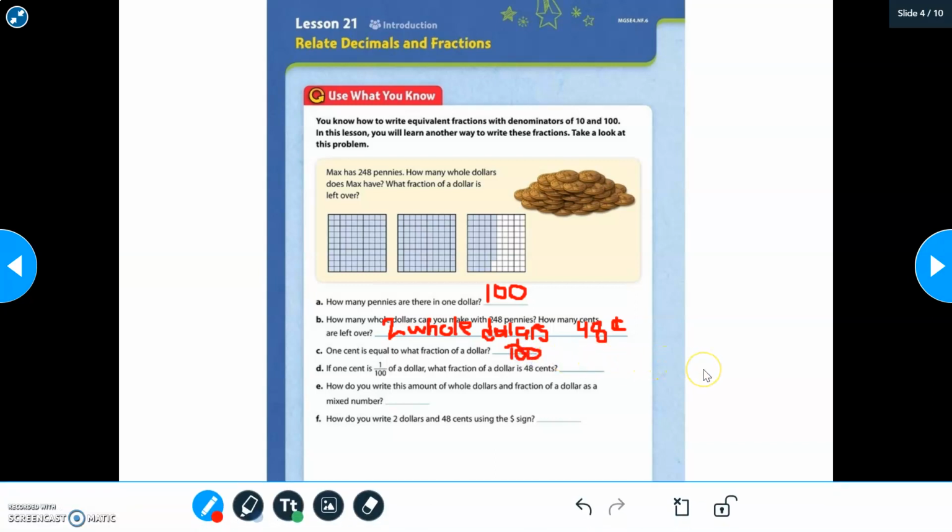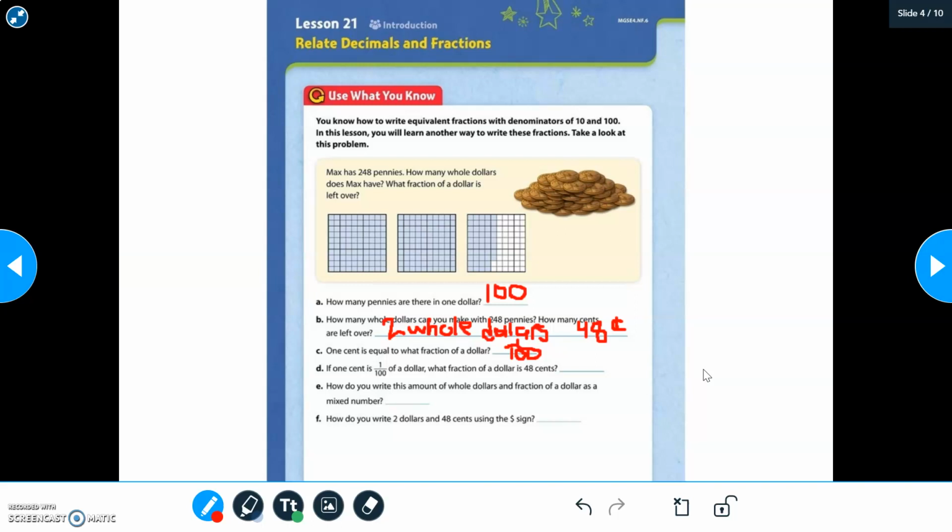All right, let's look at D. If 1 cent is 1/100th of a dollar, what fraction of a dollar is 48 cents? Okay, let's think about it. We know that 1 cent is 1/100th of a dollar. So if we had 48 cents, what fraction of a dollar would it be, boys and girls?